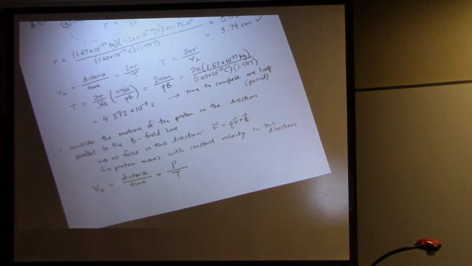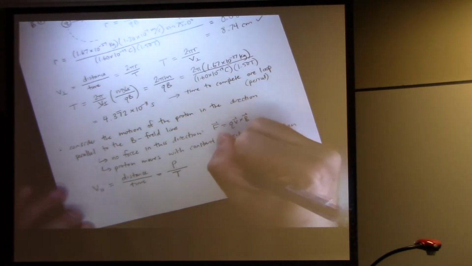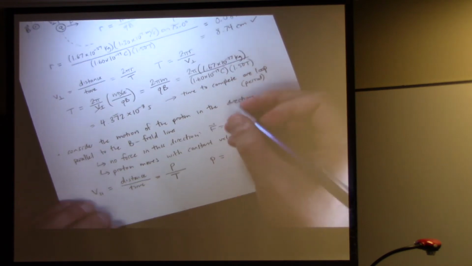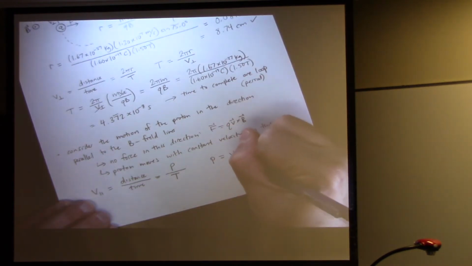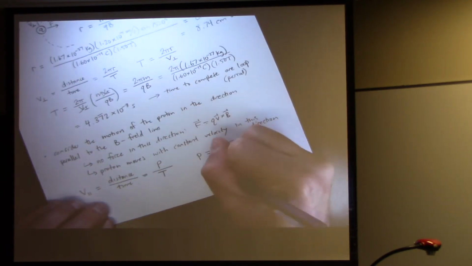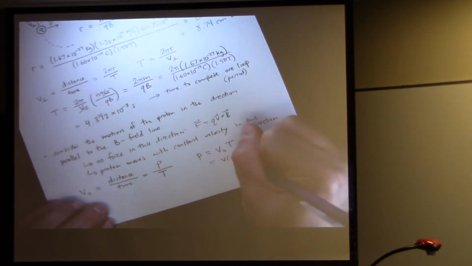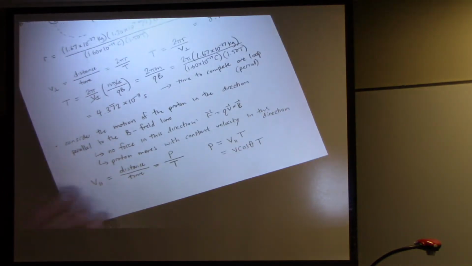Well, that's what we call the pitch distance P on our diagram. That's the distance between successive loops. So it looks like the pitch distance P is V parallel times T. And V parallel, as we said, is V cos theta. So we're doing V cos theta times T.